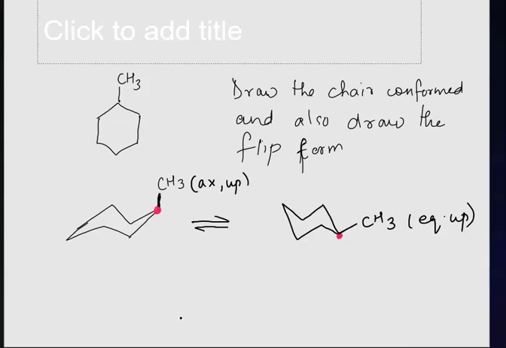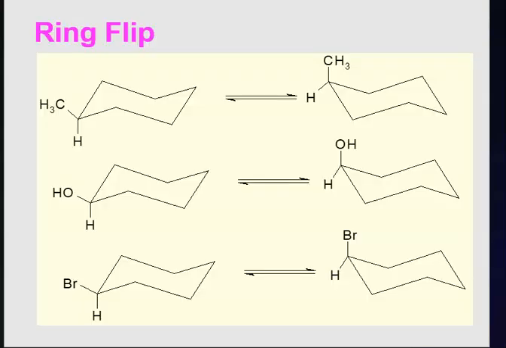Okay, all right, and it will be similar for the other molecules also. See, these are the answers for it. You could have chosen any point for putting the CH3 group. So here is a CH3 after the flip, equatorial, equatorial becomes axial.